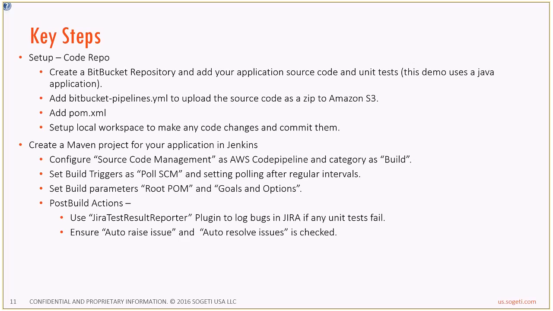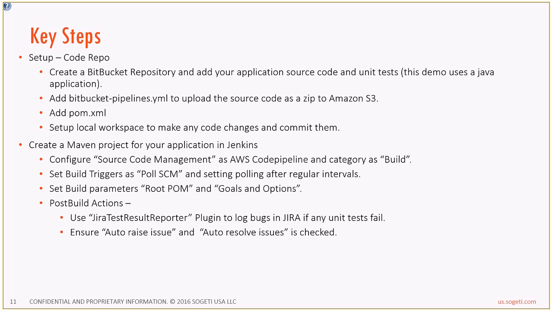Along with adding our source code and our unit test, we will also add a file called bitbucketpipelines.yaml. Essentially, we will be using this YAML file to upload our source code as a zip to Amazon S3. Along with the YAML file, we will also be adding pom.xml.